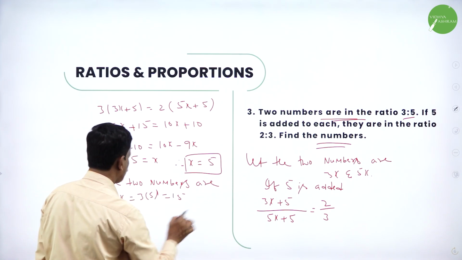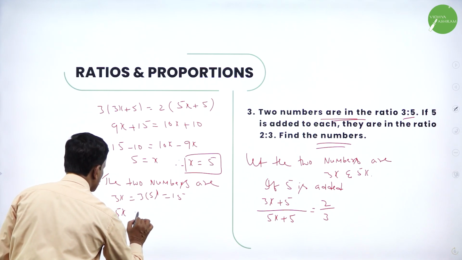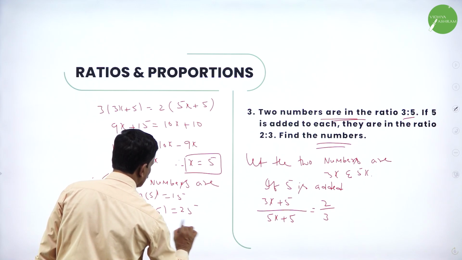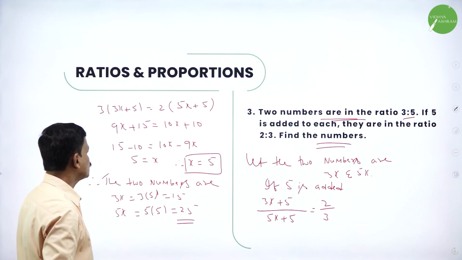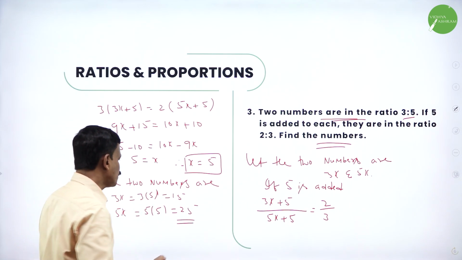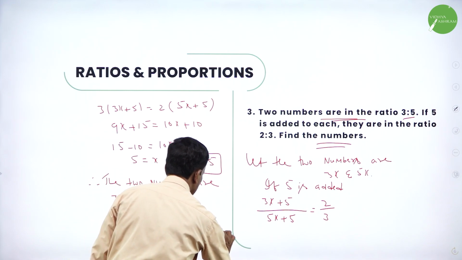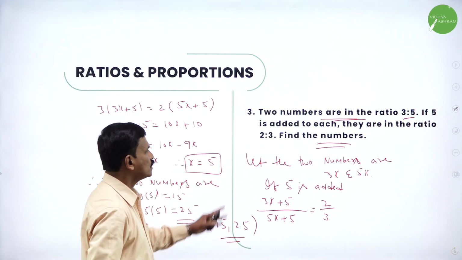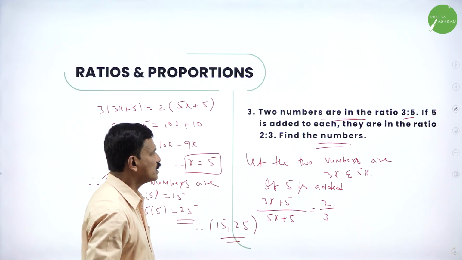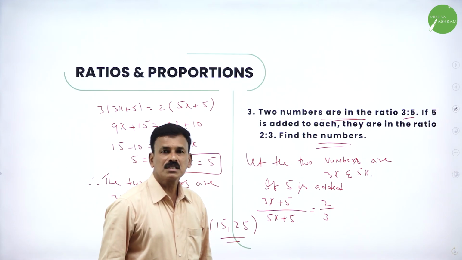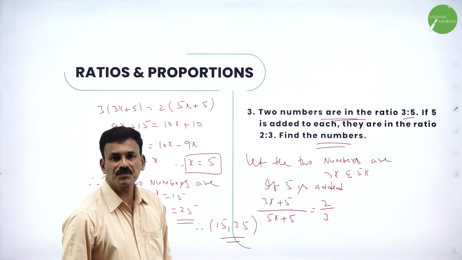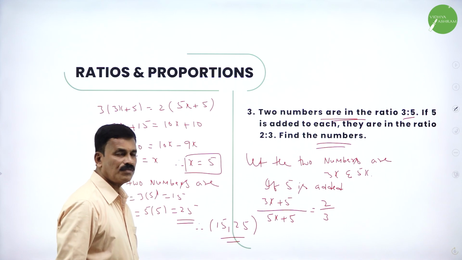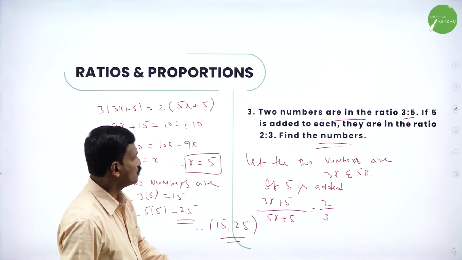Another number is 5x, 5 into 5, that's equal to 25. So the numbers are 15 and 25. That's it. So therefore the two required numbers are 15 and 25. They are in the ratio 3:5. Right, 5 3s are 15, 5 5s are 25, so 3:5.